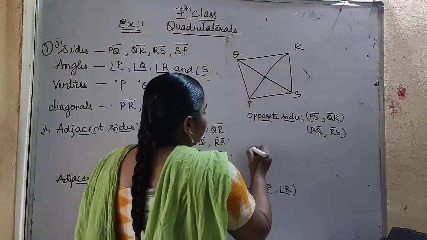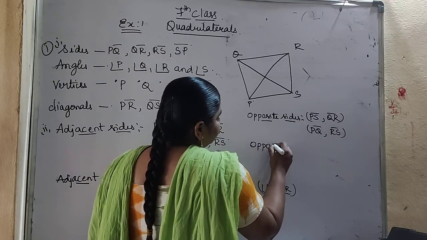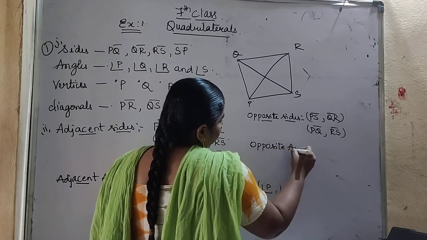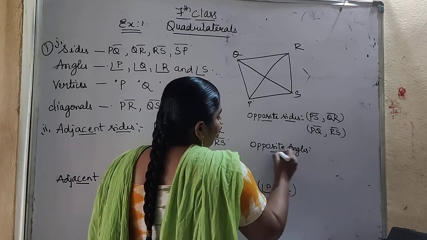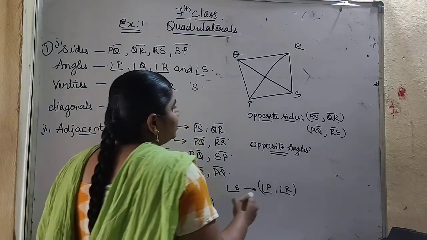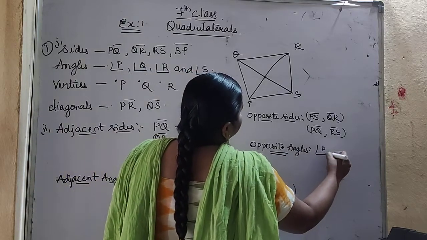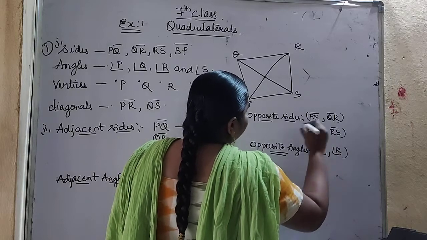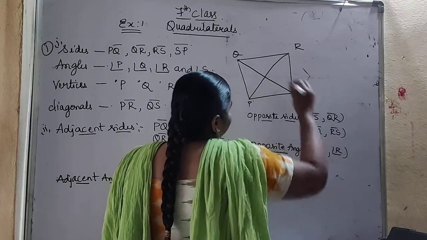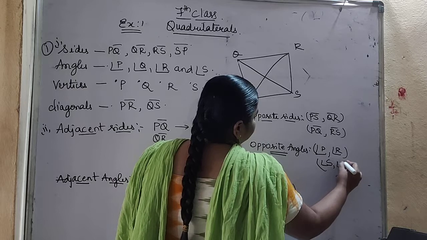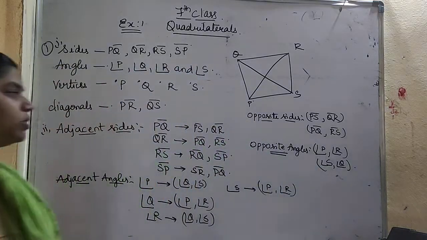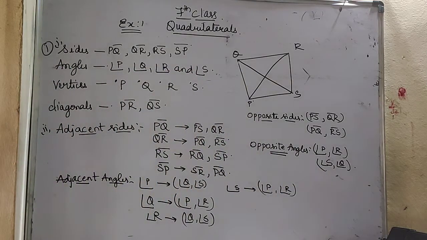Now we have to write about opposite angles. So what are opposite angles? Angle P and angle R are opposite to each other, and angle S and angle Q are opposite angles. So these are the opposite sides and opposite angles.